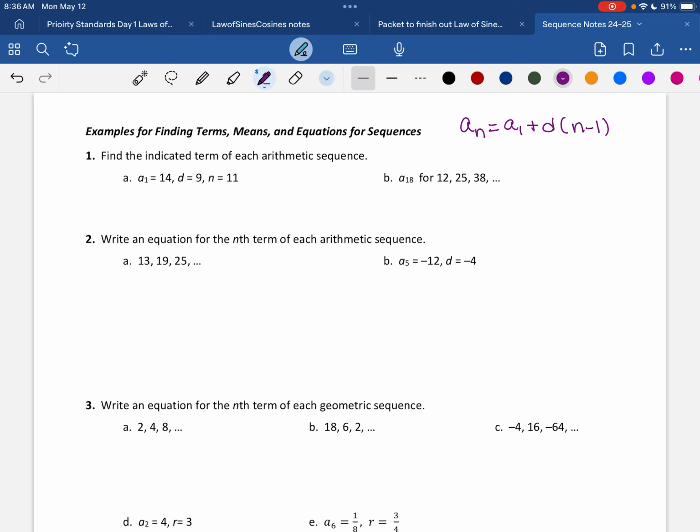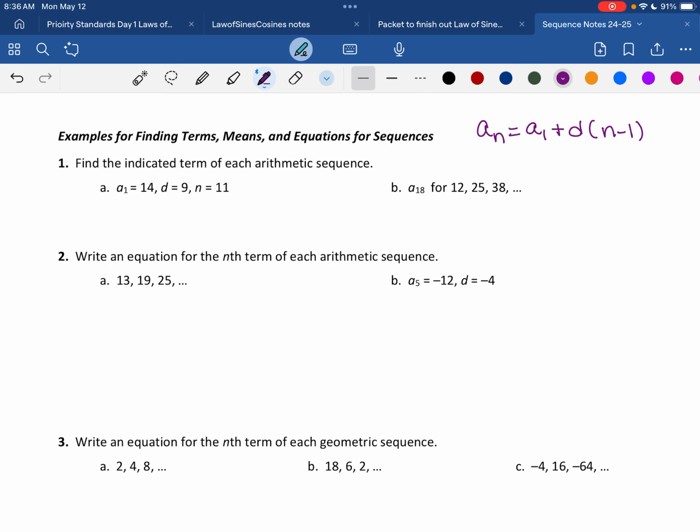And what we're going to do is plug into it. For the first one, we give you all the information, so you just plug it in. N is 11, so we want the 11th term. So I'm going to write down A11 equals A1 plus 9 times 11 minus 1.